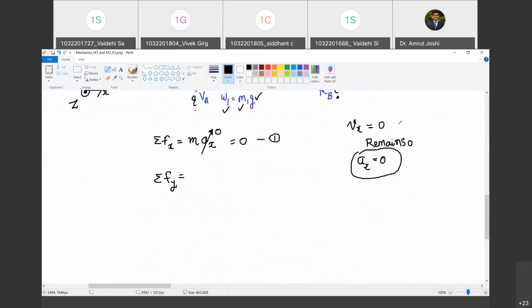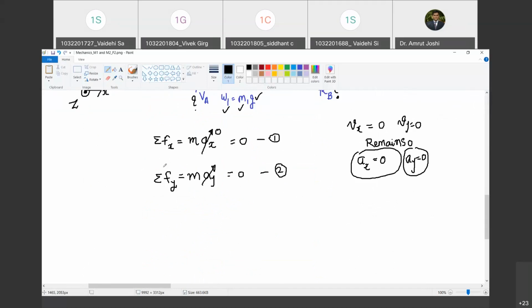So what is its velocity in Y direction? 0, and it remains 0. Therefore, linear acceleration in Y direction is 0. Do you agree with me? Yes, sir. So the second equation is mass into acceleration in Y direction, which happens to be 0, and therefore summation Fy is 0. Are you with me? Yes, sir.